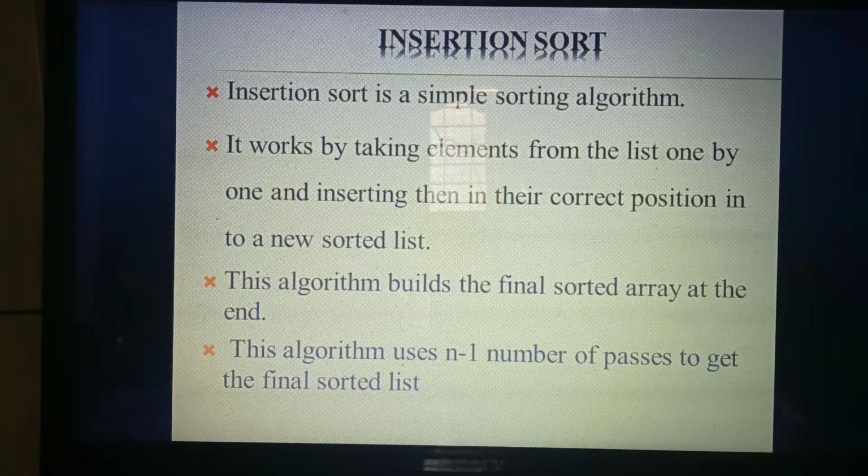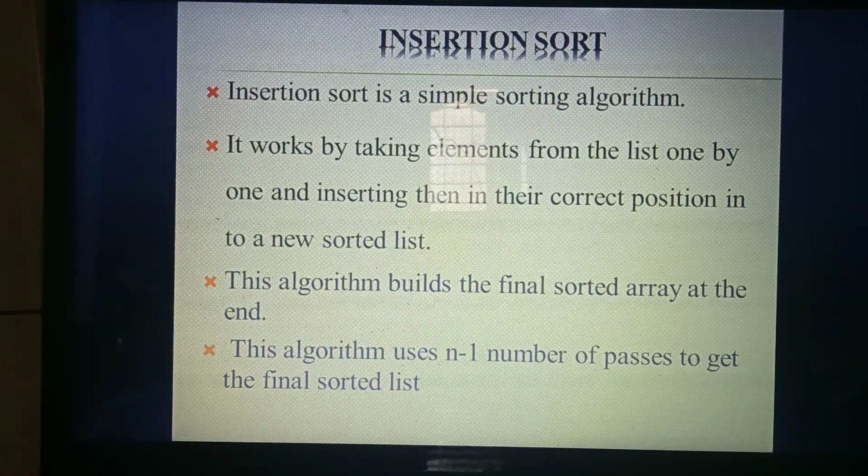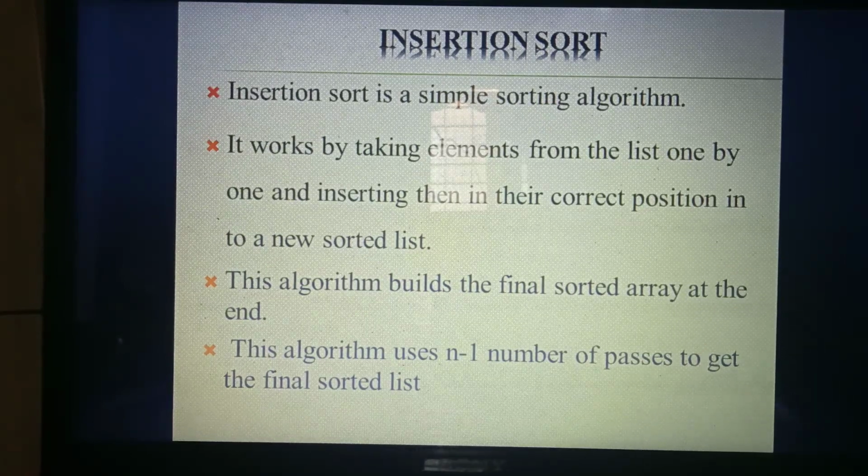First you insert one position, then you get one sorted list. Then you insert the next position, and you get another sorted list. Like that, till the end of the list you keep inserting elements in the correct position, and finally you will get the sorted array.